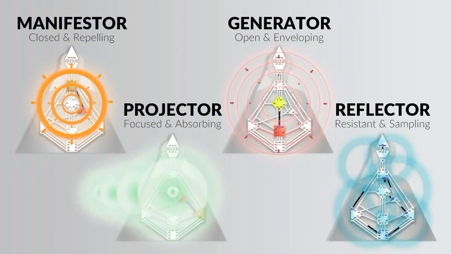Now, the dilemma for the generator, of course, is that generators suffer from manifestor disease. And manifestor disease, which is even worse in manifesting generators, is a real killer. That is, I'm going to do what I'm going to do. And that's manifestor disease. Obviously, everything about the generator and its potential falls apart the moment that the generator is dictating what it's going to do.